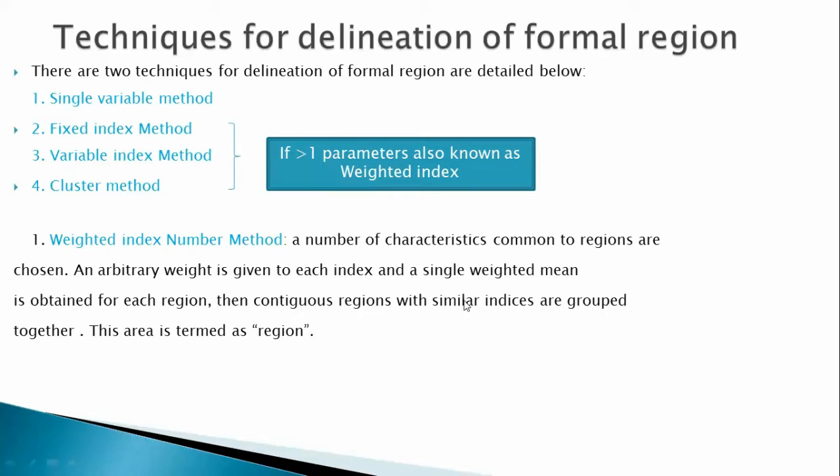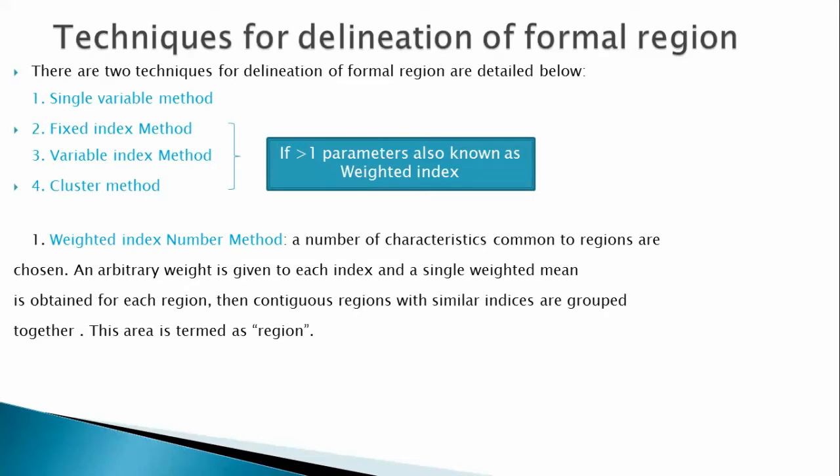If we take transportation networks, and take the transportation nodes as a single variable, we delineate the regions wherever there are transportation nodes. So if a region can be delineated based upon just one variable, that is called the single variable method. But generally, you will not find regions which exist based upon just one variable.